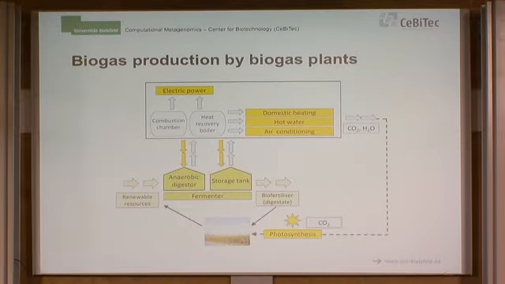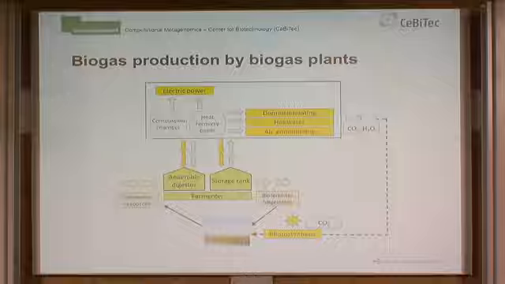So for those of you who don't have any idea how it looks, what you do is you take, usually in Germany, mainly maize, which is pre-processed a little bit, and that's put into these anaerobic digesters. And you also put some cattle manure or other kind of inoculum basically into the digesters.